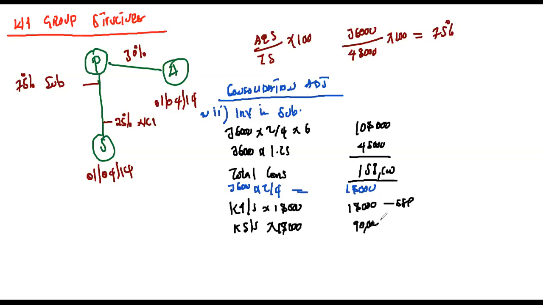So 90,000 is going to share premium. If you add those two, 90 plus 18, you have 108,000. And then 1 plus 5, you have 6 kwacha per share. So it shows you that the formula is in line with your calculations here.